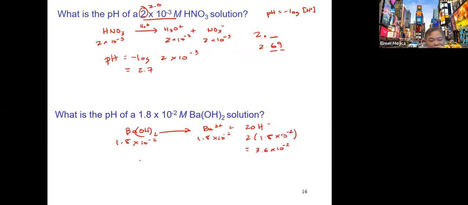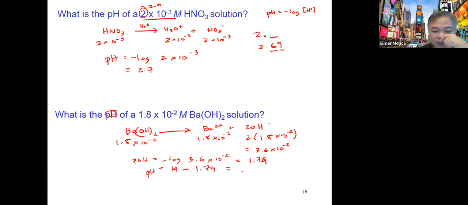So you have pOH, negative log, 3.6 times 10 to the negative 2. So that is equals to what? 1.74, but you're not done there. What is being asked? The pH. So that means 14 minus 1.74, giving you, ano yan, 12.26.